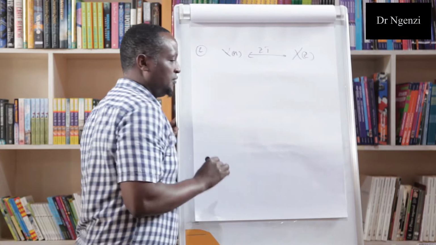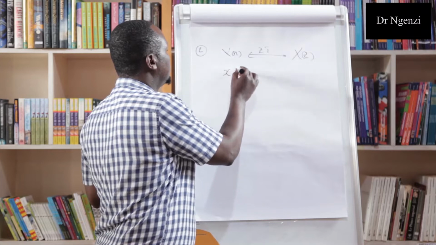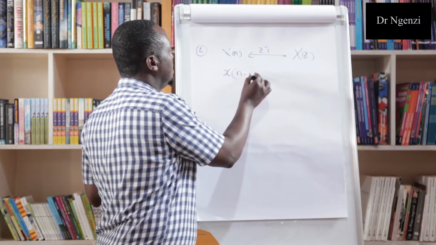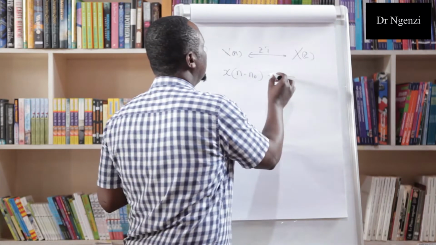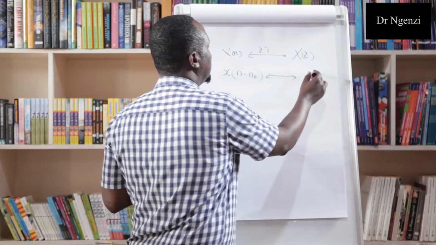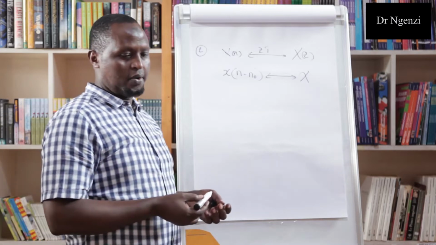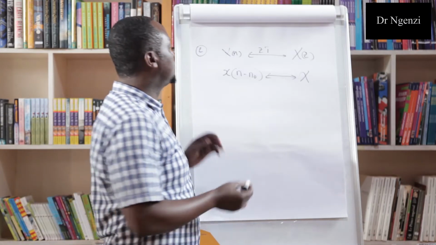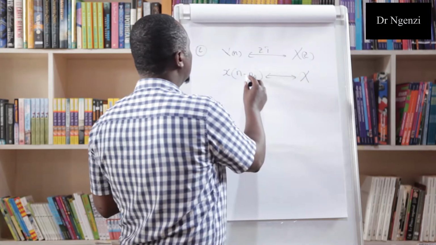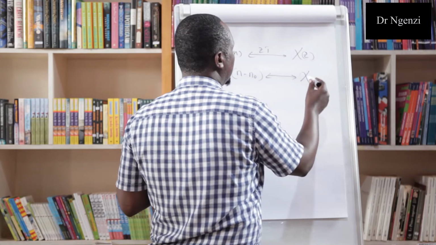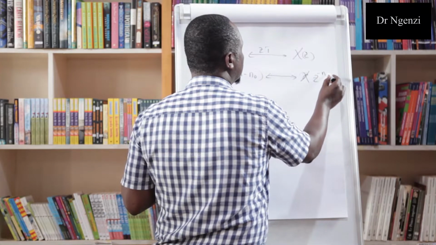Hence, if we have a value shifted, for example small x of n minus n0, then when we use the Z transform on this side, it is going to be big X of z. Remember, with the Z transform it is going to be exponential, so it is going to be z to the power negative n0.